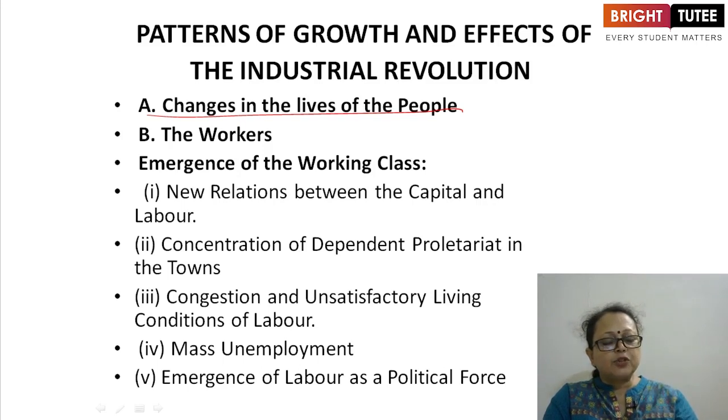Similarly, rich individuals who were prepared to take risks invested their new money in the industries with the hope of making huge profits. With this hope they started investing.